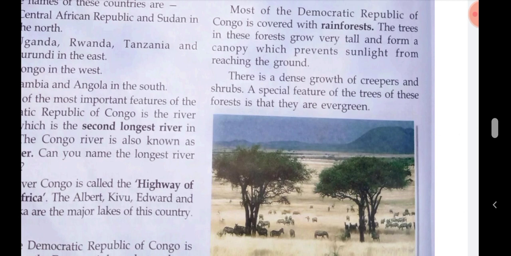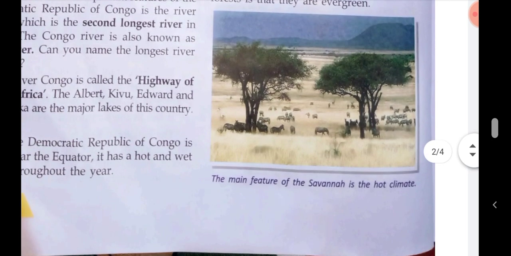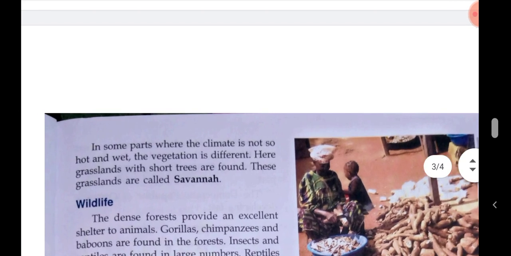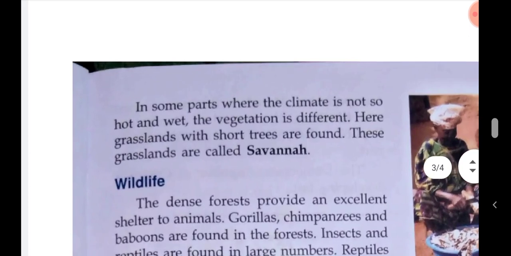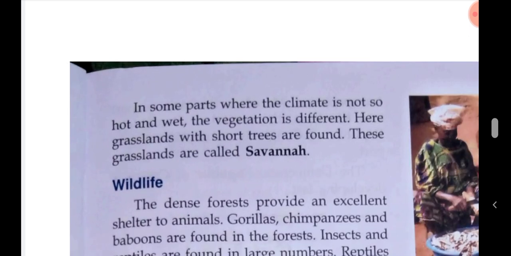A special feature of the trees of this forest is that they are evergreen. In some parts where the climate is not so hot and wet, the vegetation is different. Here grassland with short trees is found, and this grassland is called savanna.